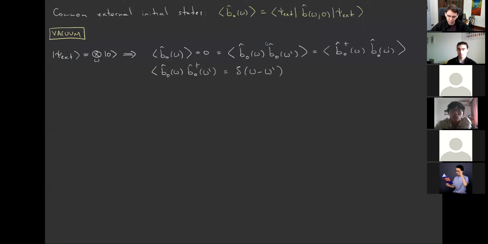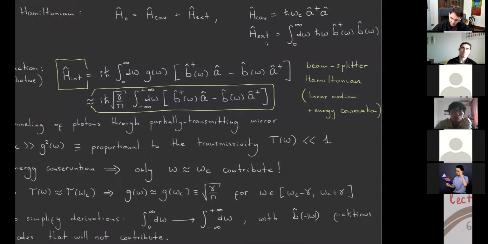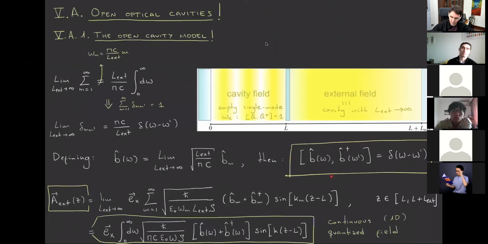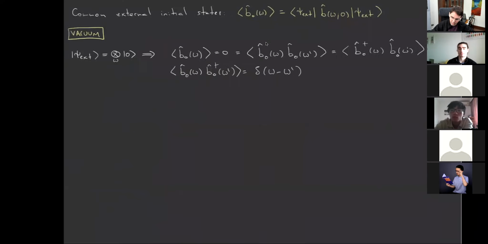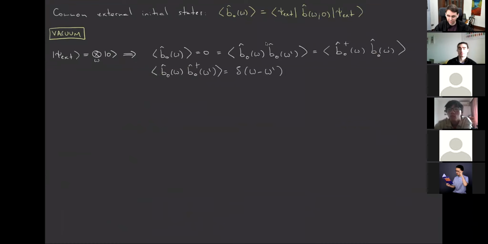Okay, and you have two ways of seeing this. The first way is that if this one is zero, just using the commutation relation between B of omega and B dagger of omega prime, that you know very well, which gives a delta function, then you can just reorder B B dagger as B dagger B plus the delta function, or minus the delta function.